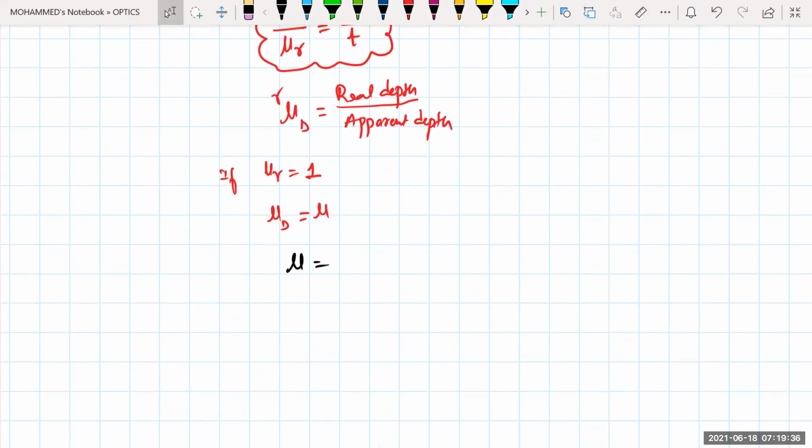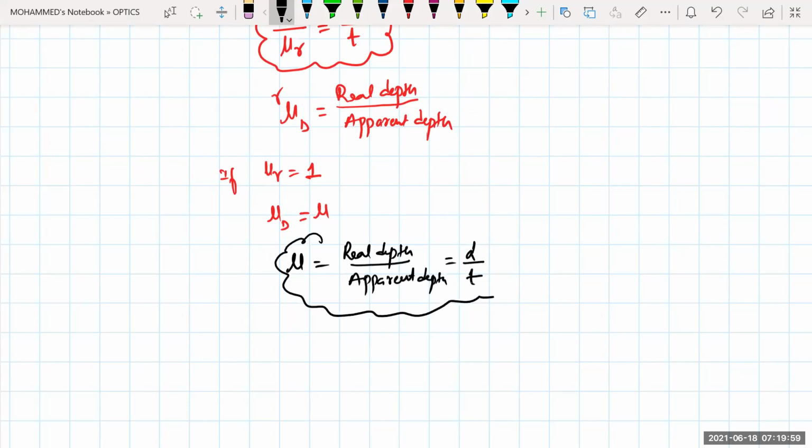So the refractive index of the denser medium, mu, is real depth divided by apparent depth. Is it clear? Nothing but d divided by thickness t. This is your formula.